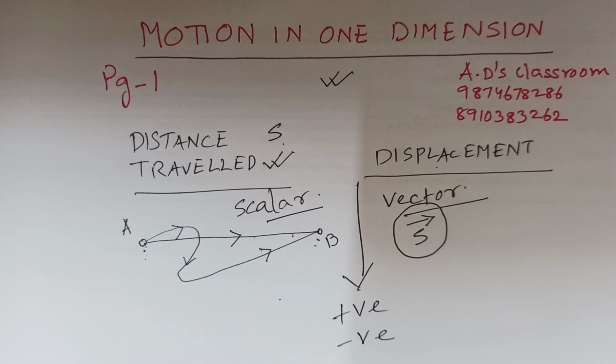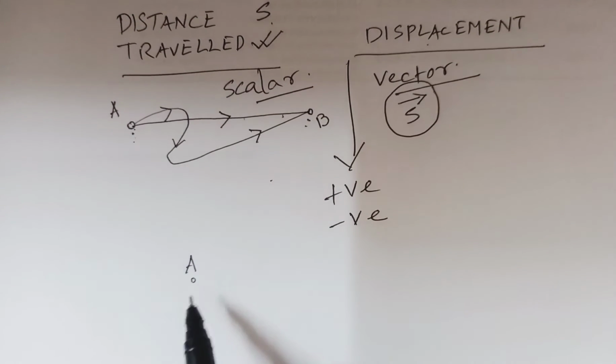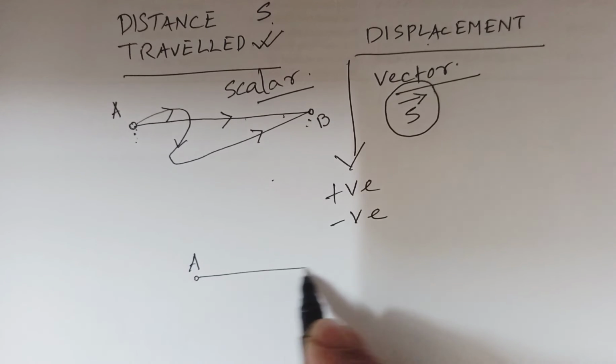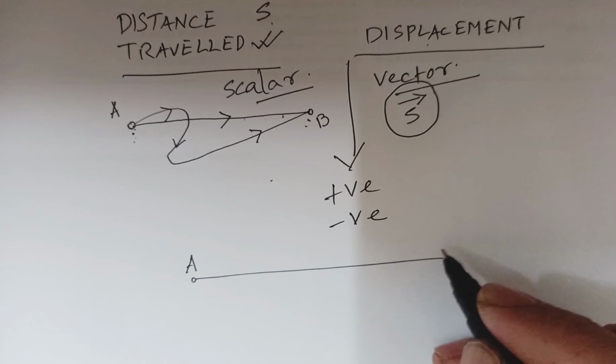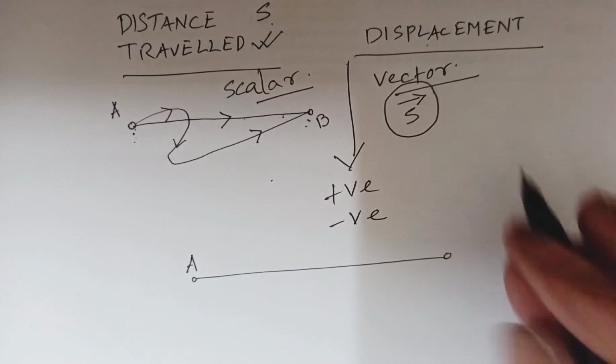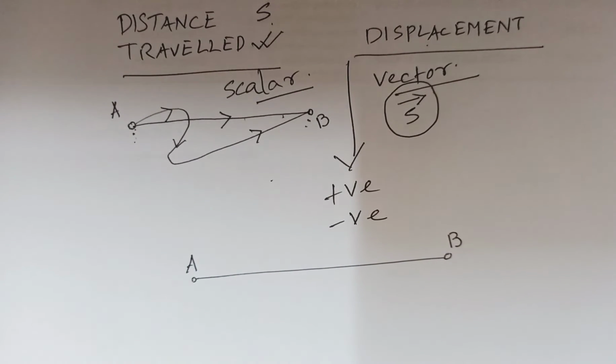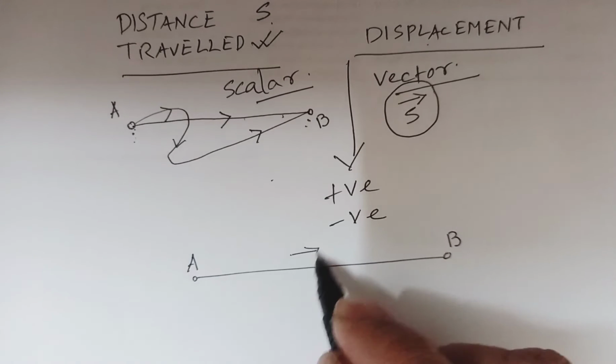Now, for example, say this is the initial point of the body. After a certain time, the body reaches this particular point B. It is moving towards east.